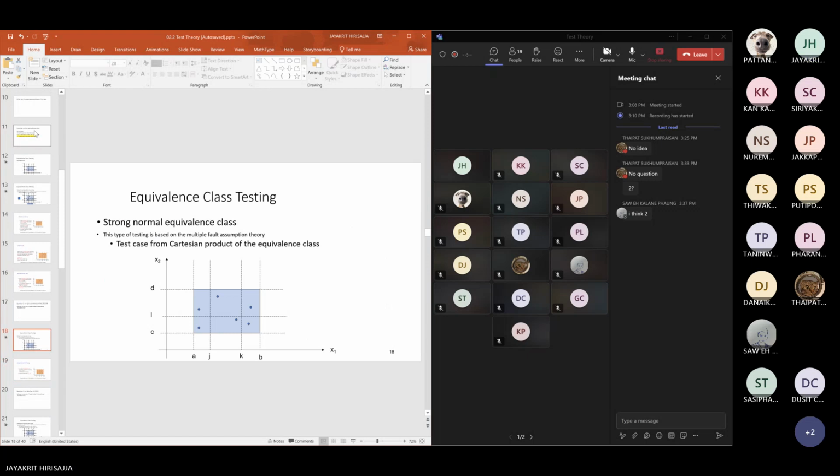And then we have strong normal. Strong normal is that, from the projection of A, we need to test three types of proper input.